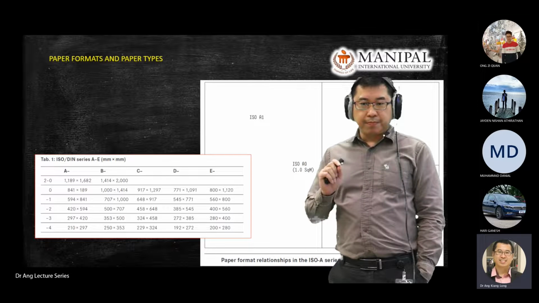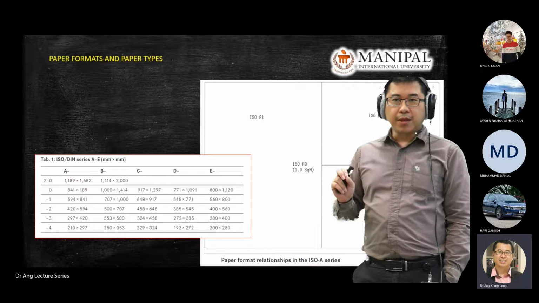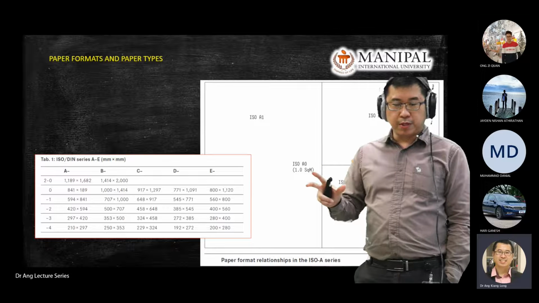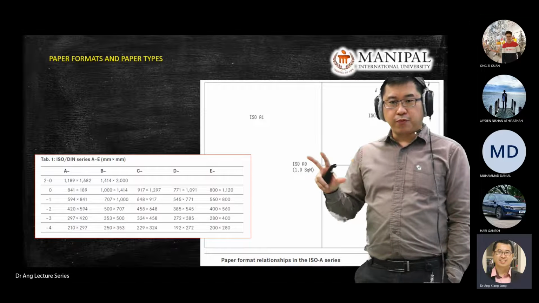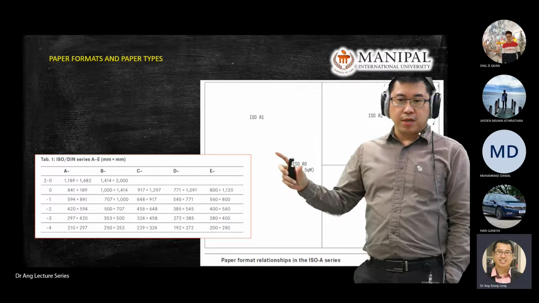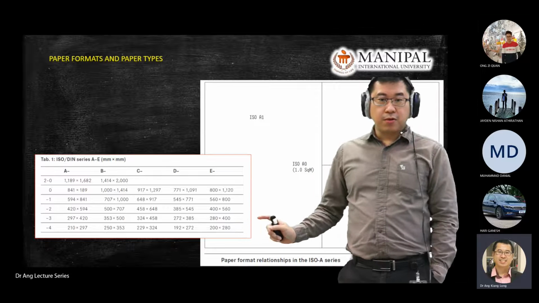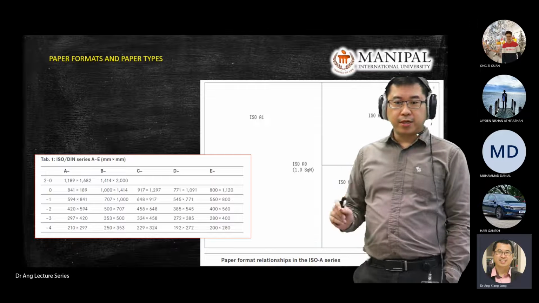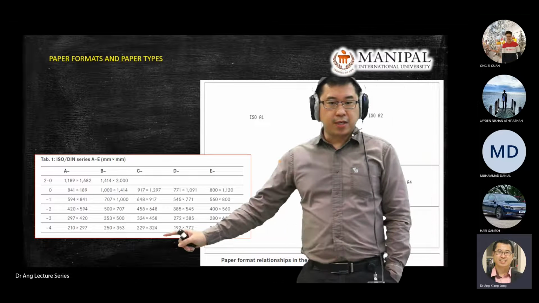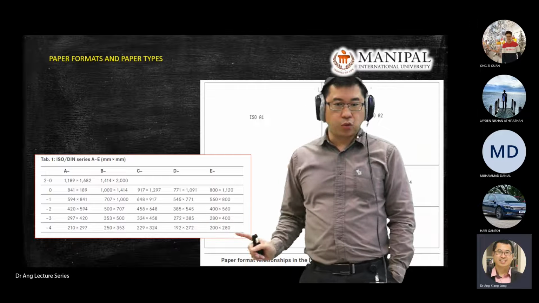So when you draw your 3D model later on, or you convert your 3D model into 2D technical drawing, remember you set the global dimension in mm. Okay, so these are the standard that you should follow.